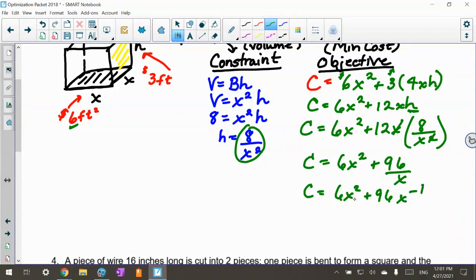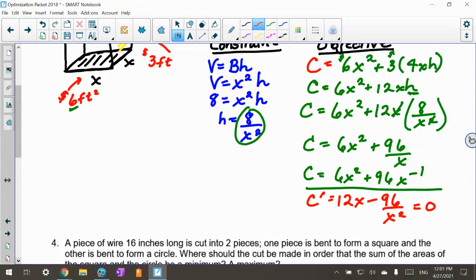So right here is my cost equation. All right. Now I want to talk about minimum cost, so I have to do C prime. C prime is going to be 12x minus 96x to the negative 2, which I'm going to put over x squared. And we have to put it equal to 0 so that we can figure out what x would be.